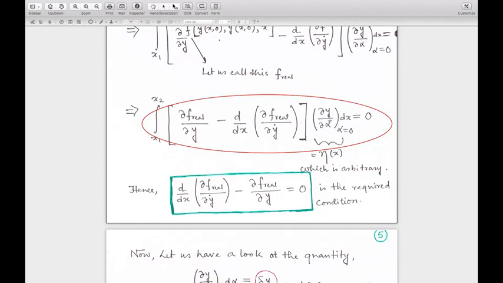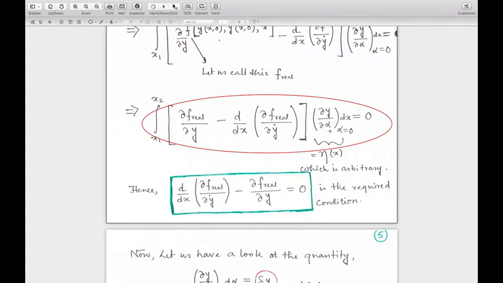Now this is 0 for arbitrary choice of ∂y/∂α, that means eta x. We can actually choose eta x arbitrarily, always keeping the conditions that eta x should vanish at x1 and x2, and that it should be smooth, with first and second derivatives continuous.